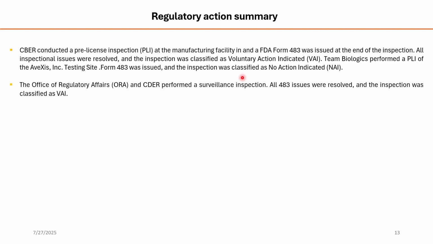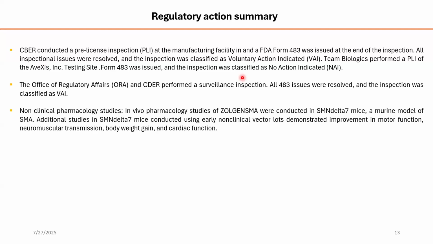Then they went to the Office of Regulatory Affairs and CDER, the Center for Drug Evaluation and Research, which performed a surveillance inspection. All these issues were resolved, and the inspection was classified as no action indicated or voluntary action indicated.